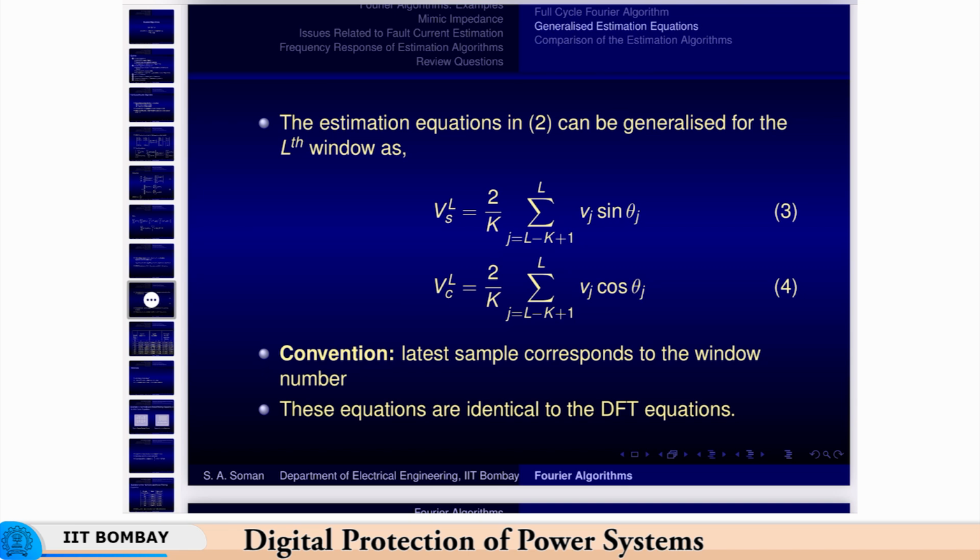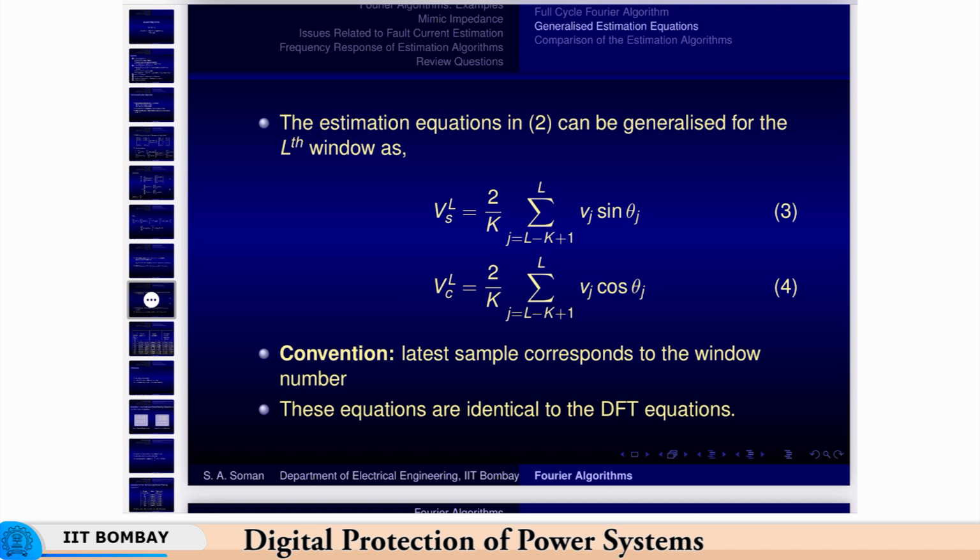So, now the upper index is L. So, the lower index obviously has to be L minus k plus 1 to maintain the same number of samples in that window. Okay. So, you just manipulate the indices for j equal to L minus k plus 1 to L, and the rest of the treatment remains the same.